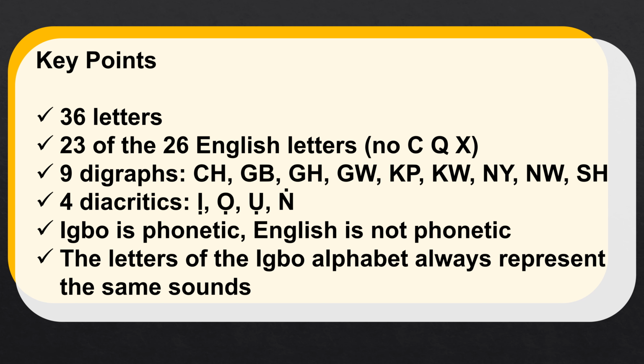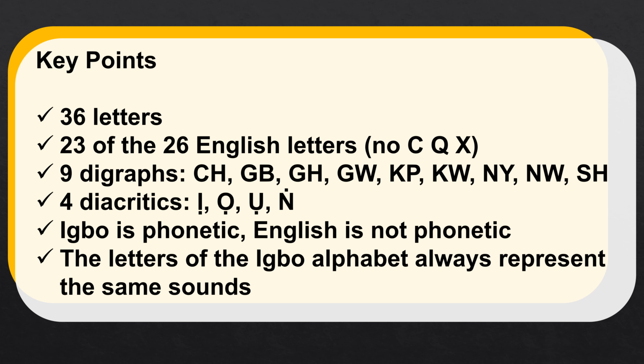When two letters are combined to form one letter, it is called a digraph. There are 9 of them in the Igbo alphabet, and the 9 are Ch, Gb, Gw, Kp, Kw, Nw, Ny, Sh, and Gh.